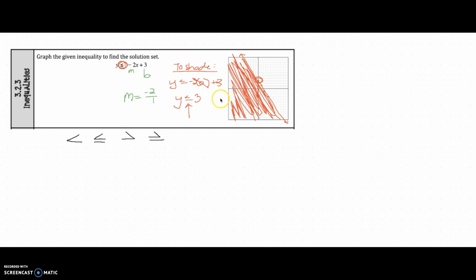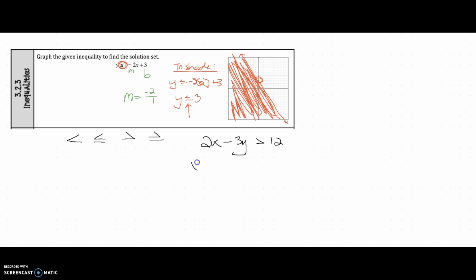So a couple things that weren't part of this example, but that you might need to know. One, if we divide by a negative, we would have needed to flip our sign. So if you divide by a negative, you have to flip the sign. Two, if we were originally given an inequality that said something like 2x minus 3y is greater than 12, remember to graph these kinds, you have to actually plug in a value, and that value is 0.